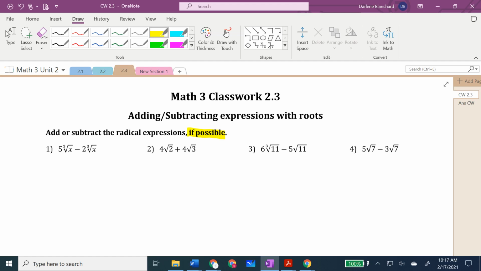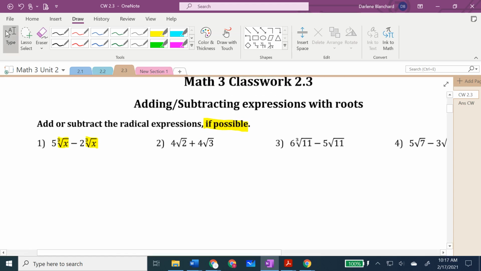So I'm going to talk you through these problems, and we'll start with number one. Look at number one, and notice you have 5 times the cube root of x minus 2 times the cube root of x. With the way that I just highlighted those, do some of you think you know how that will simplify?